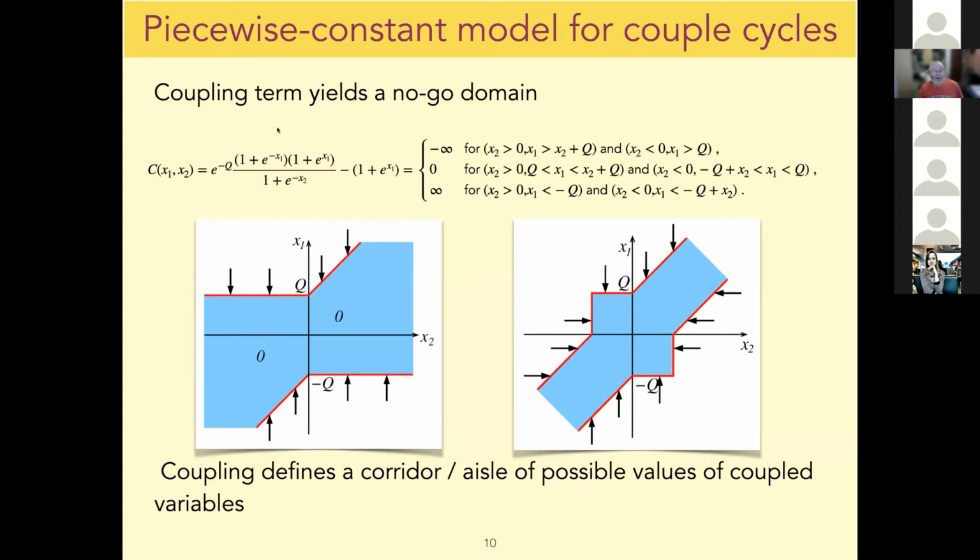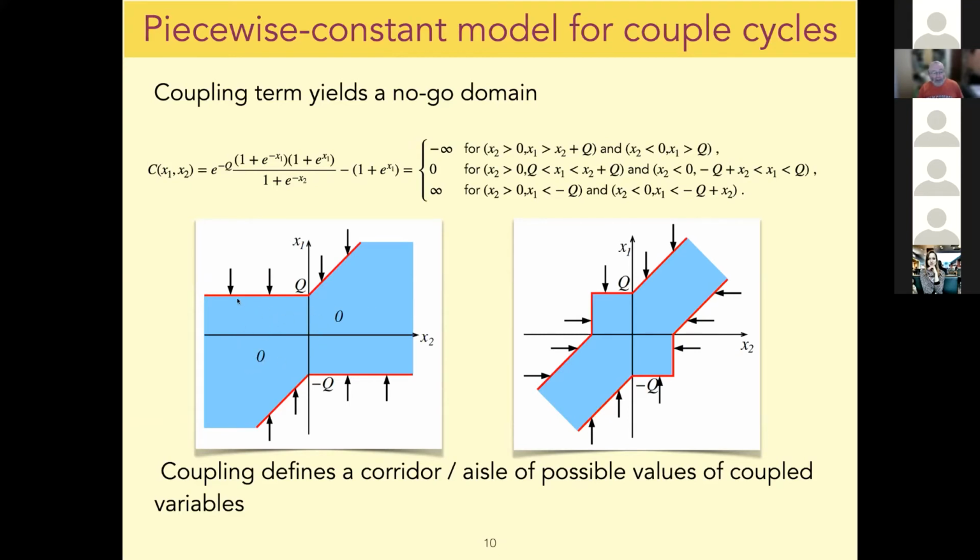Now the coupling term is a little bit more complex, but it also contains these exponentials, and it contains the coupling constant Q, also in exponential form. We also approximate it by looking at different domains of these variables. There are two wide domains where this quantity is infinite, and one domain where it is zero.